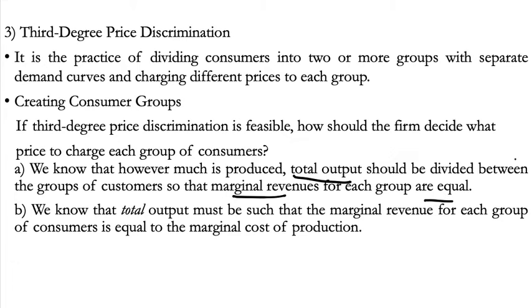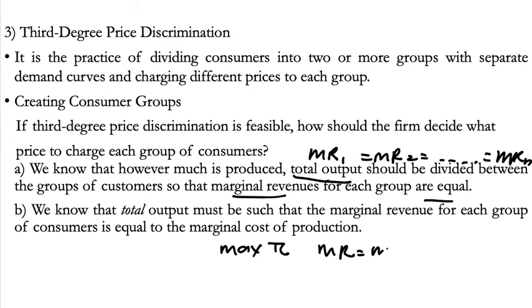So if you have two groups, for instance, or even if you have three groups, you must have marginal revenue for first group equal to marginal revenue for second group equal to whatever number of groups you want to have, until marginal revenue of n group. Now the next thing is, in order to maximize profit, the condition is always what?